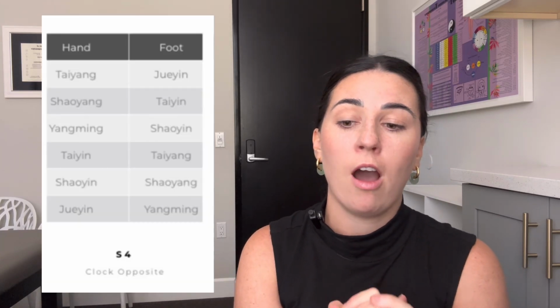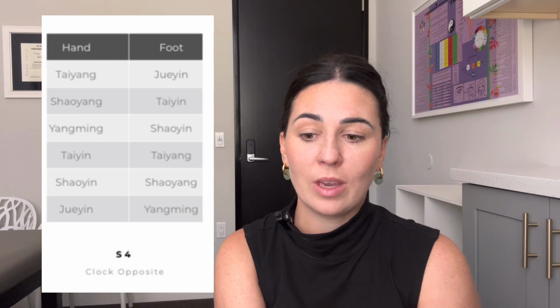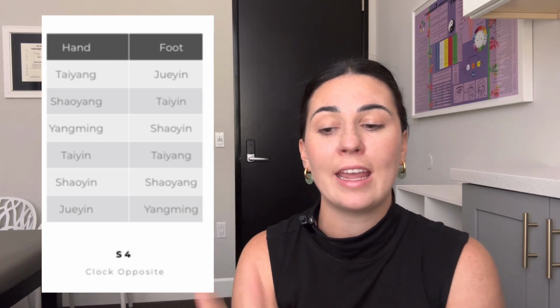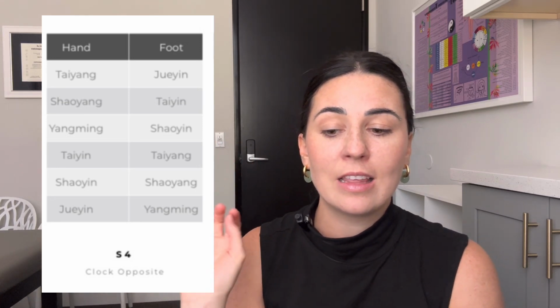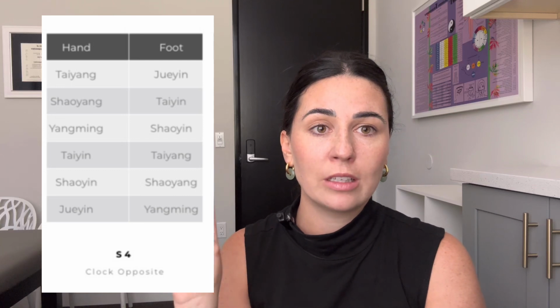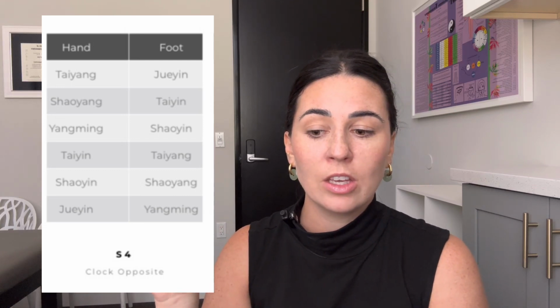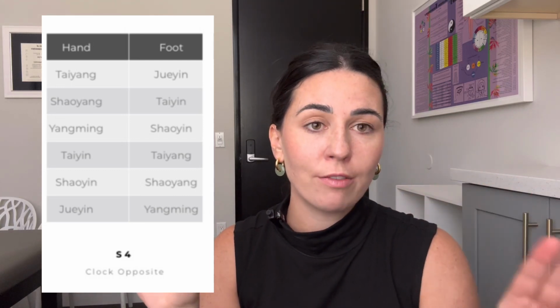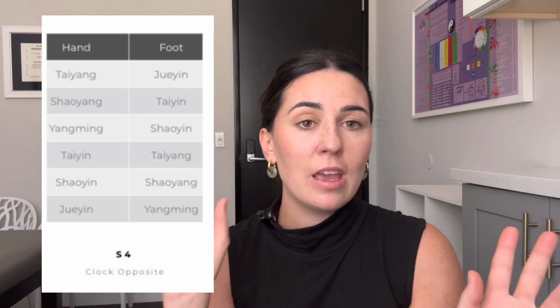So going into system 4 now, we have clock opposites. Okay, so again, just staying on our hand Tai Yin, this is going to be 3 to 5 a.m. So now we're going to 3 to 5 p.m. And 3 to 5 p.m. is going to be foot Tai Yang or UB.